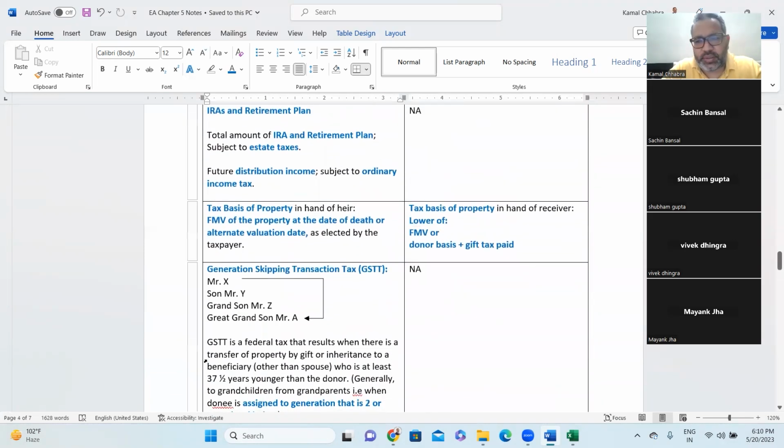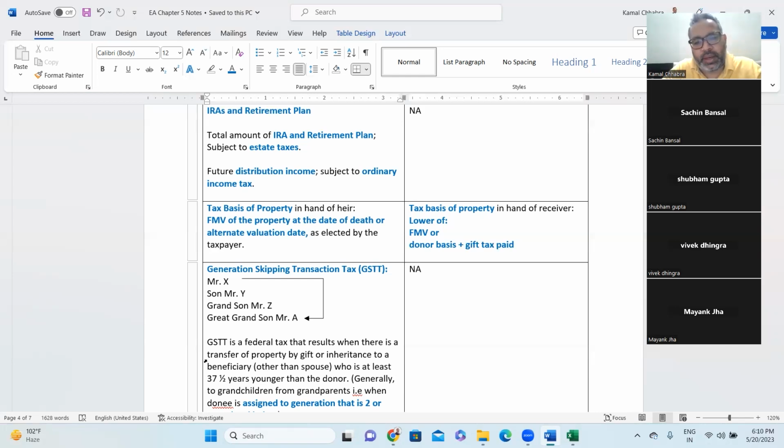Tax basis would be considered as the fair market value on the date of death, or if you have chosen the alternate valuation date, whatever you have elected, accordingly the same fair market value would be considered as the tax basis for the individual who is receiving the asset. Right? Make sense?